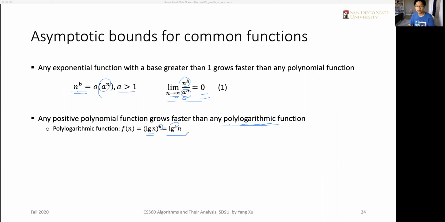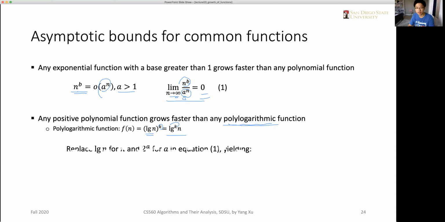Basically, the polynomial function always grows faster than the polylogarithmic function. So that tells us that we want to see logarithm terms in the running time of the algorithm. Logarithm is always better than the polynomial running time.